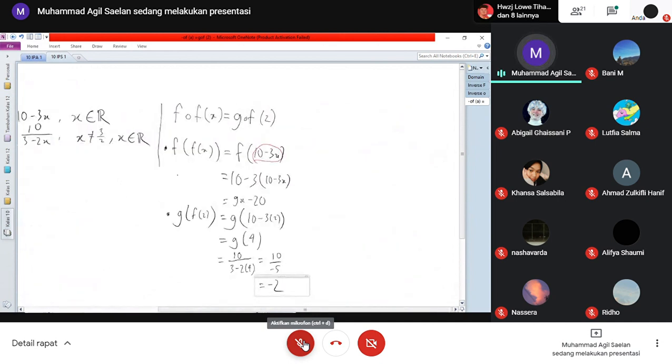So now we have evaluated both functions. We have f of f of x, which is 9x minus 20, and g of f of 2 equals negative 2. We just need to solve this equation, which is easy because it is a linear function. You just need to rearrange, and then divide by 9 here.